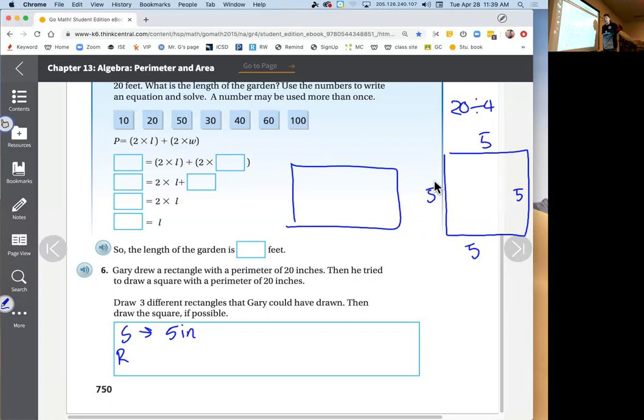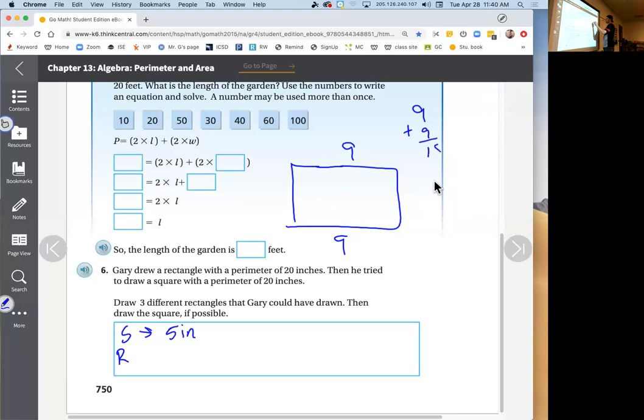You just start picking numbers. If I did 10 here and 10 here, would that work? No, because that's 20 already. It doesn't work. So, all right, let's pick 9 and 9. What's 9 plus 9? 9 plus 9 is 18.